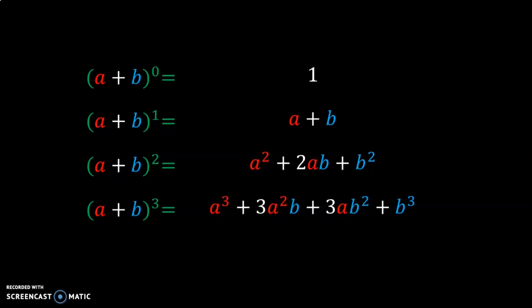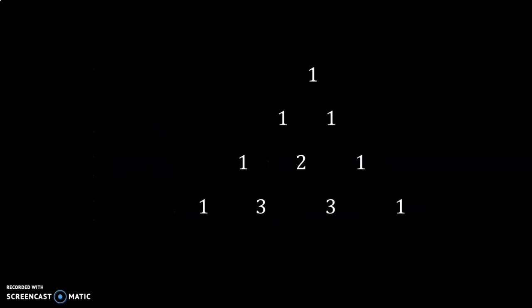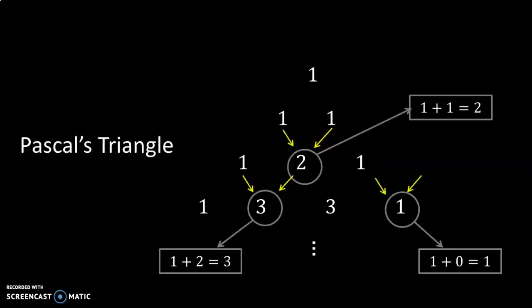After we talk about the binomial coefficient, let's come back and see the following equation. What can we observe? If we just observe the coefficients, then we will get Pascal's triangle. In Pascal's triangle, every term is the sum of the 2 terms above it.